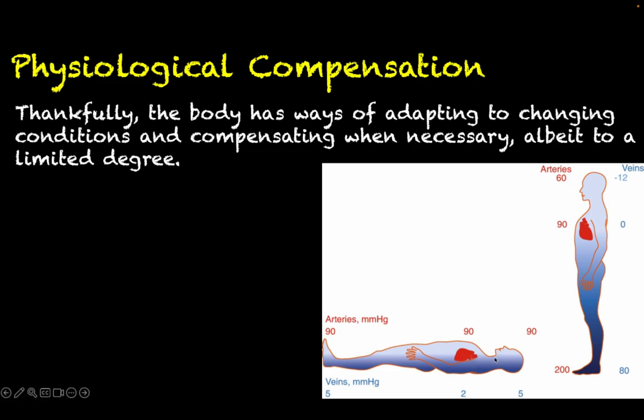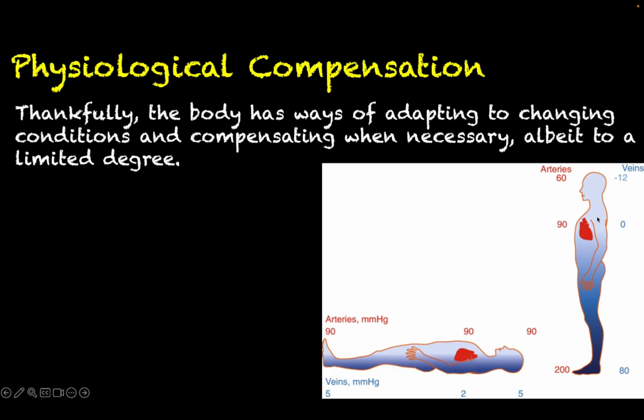Two different aspects here. You have a person that is lying down completely flat, and then a person that has just stood up. When you are lying flat, gravitational forces are pulling down from your back towards the ground. So your brain, your heart, and your feet are all equally subject to gravitational force. So you can see they all have an arterial pressure of 90 millimeters mercury.